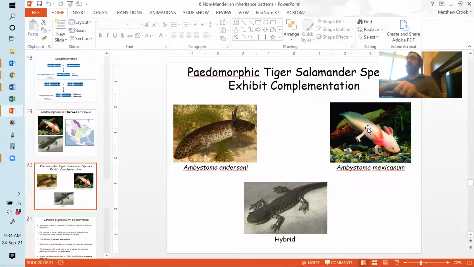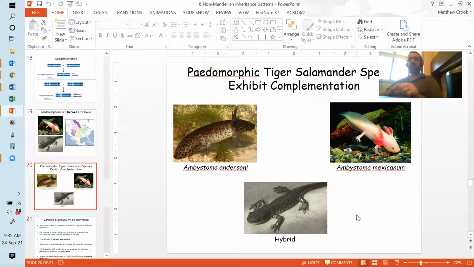But anyway, when you cross these two individuals together, you obviously get a sterile hybrid, but the heterozygote is normal, right? Does not display the mutant phenotype, the pedomorphic phenotype.